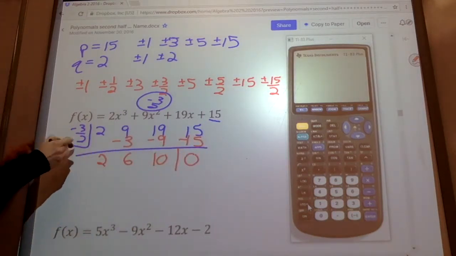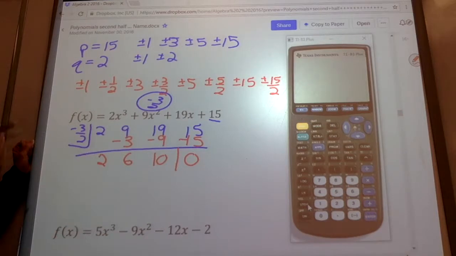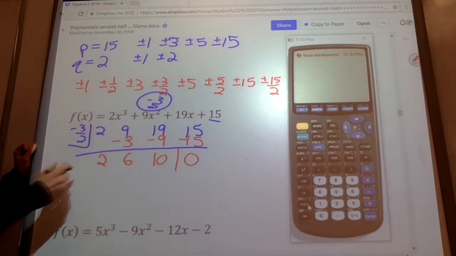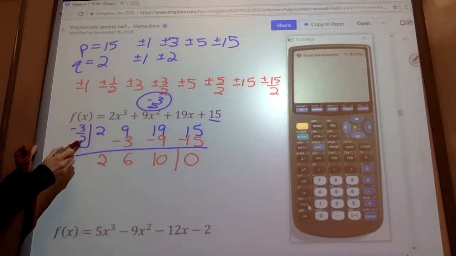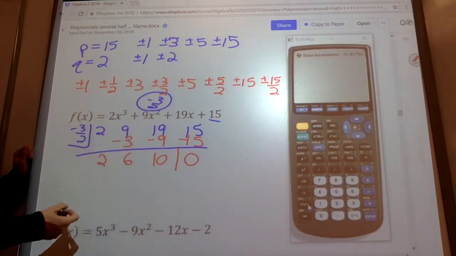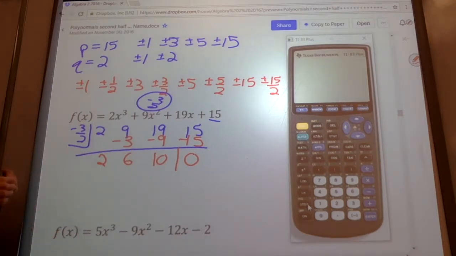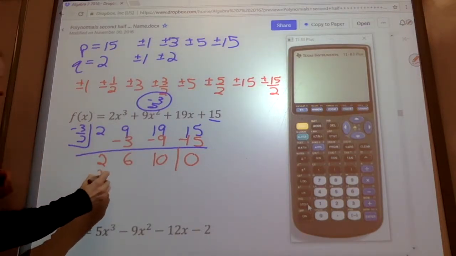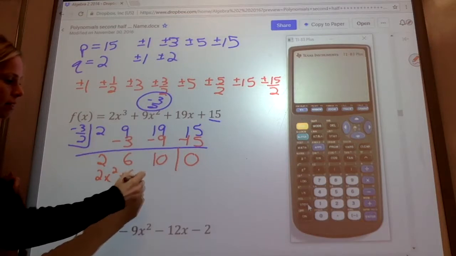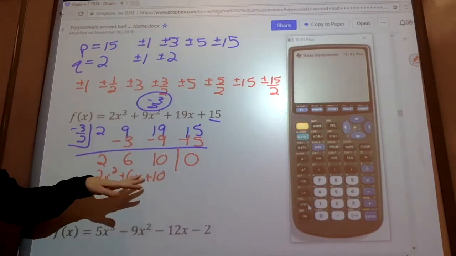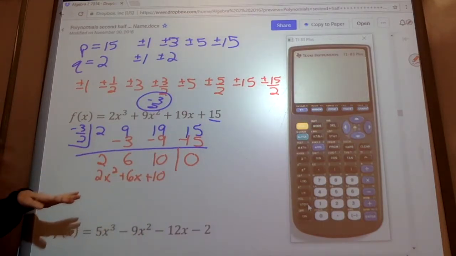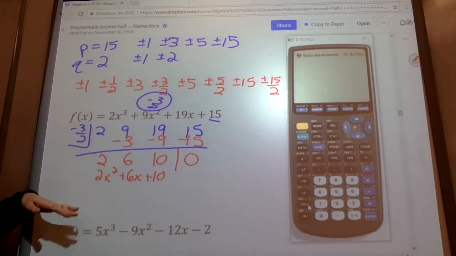If fractions are really hard for you, mental math, use your graphing calculator, as long as you're not rounding. Yep. You can use, on these, since it's half, you can use decimals. Yep, but don't round. So this is 2x squared plus 6x plus 10, which is good because now it's a quadratic, and I know how to solve any quadratic.